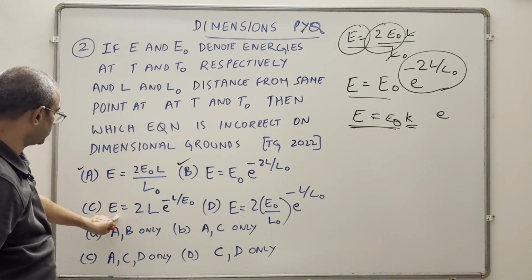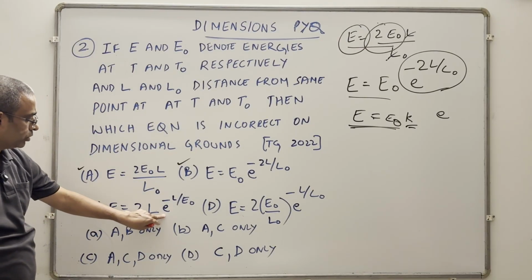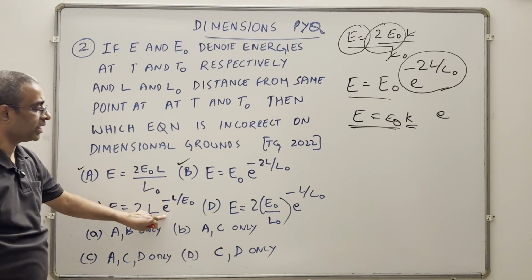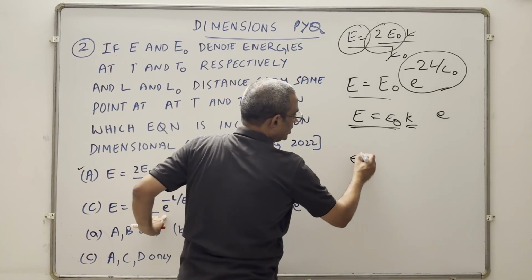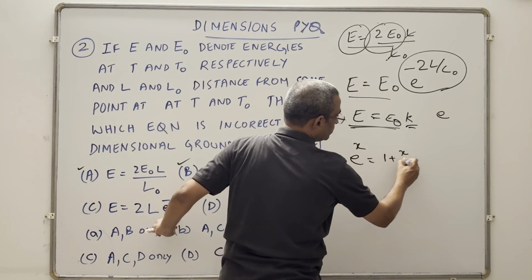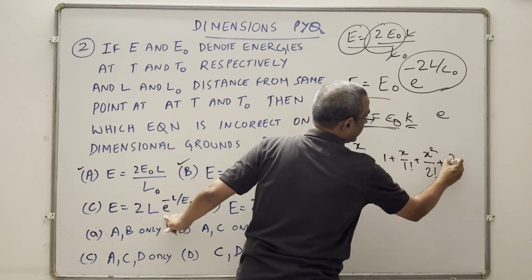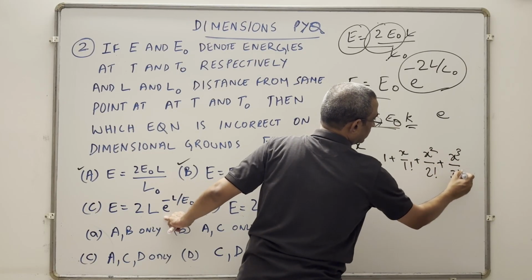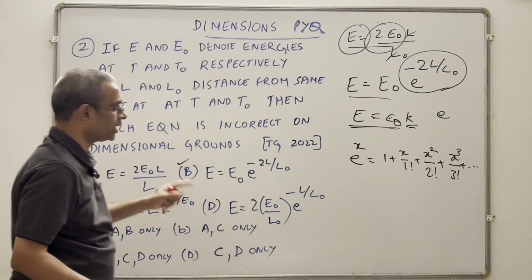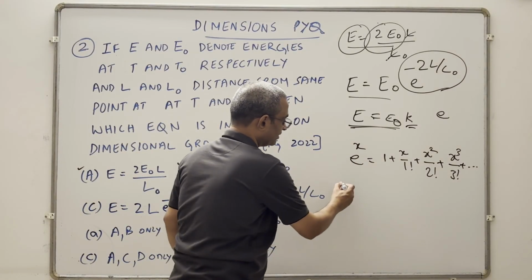Let us look at this equation. Here we have E is equal to 2 times length into e raised to length by energy. Now, e raised to x, the formula is 1 plus x by 1 factorial plus x square by 2 factorial plus x cube by 3 factorial, and so on. So x has to be a pure number, otherwise we cannot add these things. Just imagine if x is length.